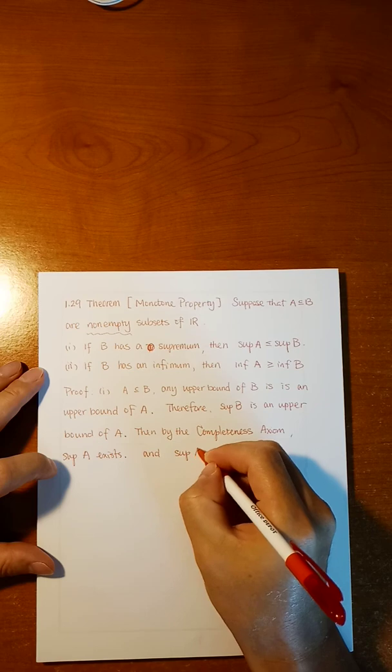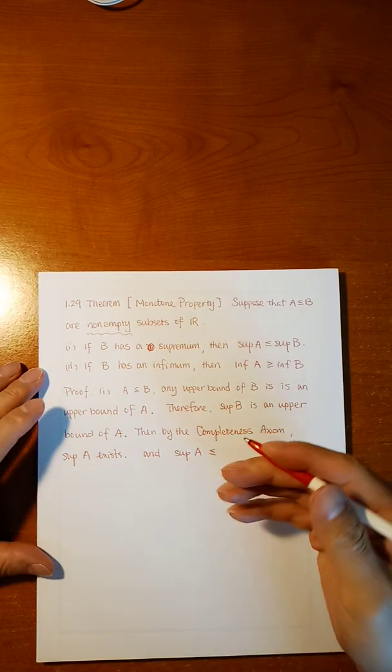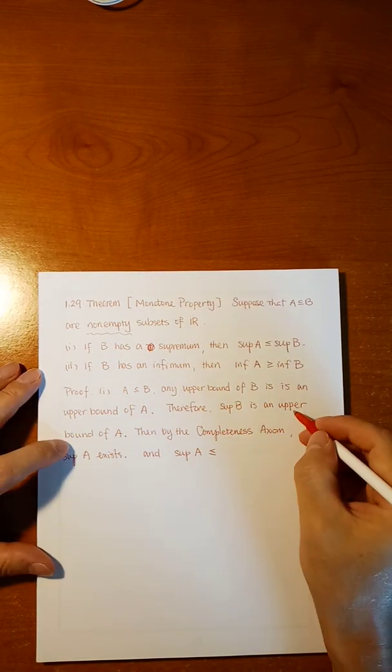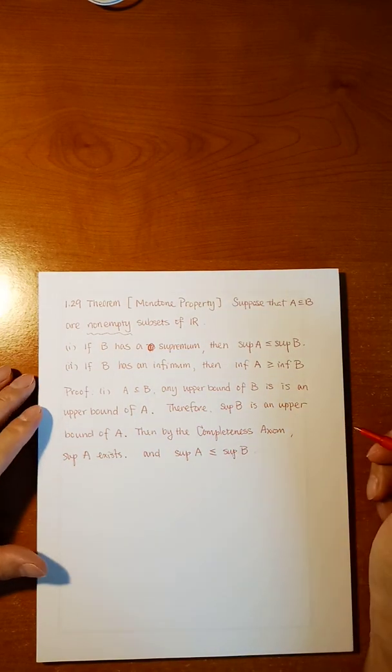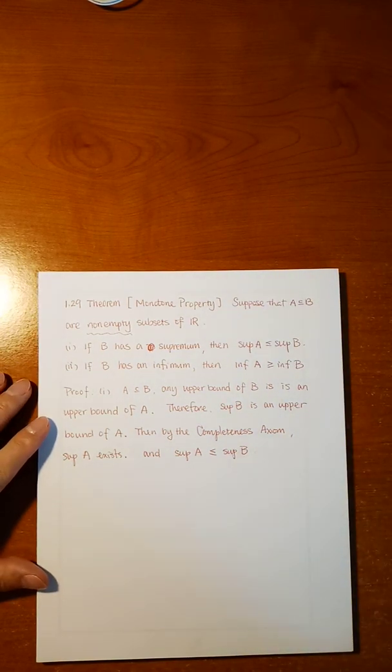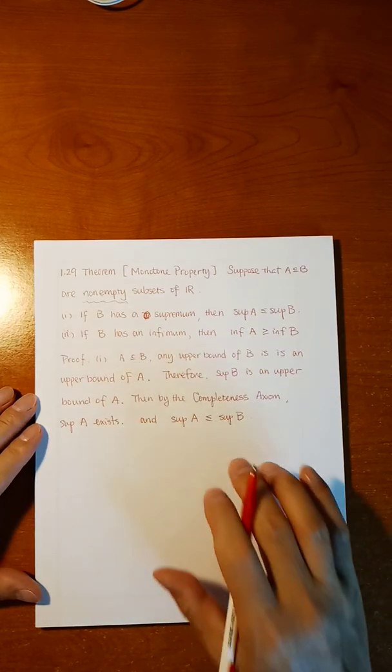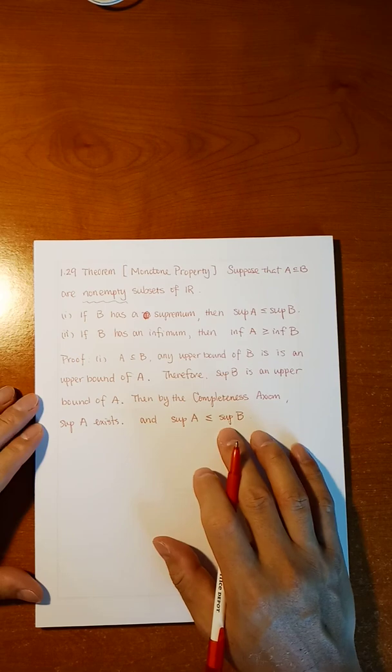So sup A is going to be less than or equal to whatever upper bound. Sup B is one of them, so sup A is less than or equal to it. That's the proof, you see.